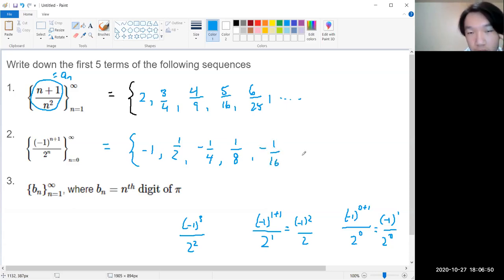I think those are the last two terms. This is right, right? -1 over 16 is the last term, or the fifth term? Yeah, it's right. Okay. So for this one, I just want to notice a few things. The -1 that's in the numerator, what does that contribute to the pattern of our sequence?